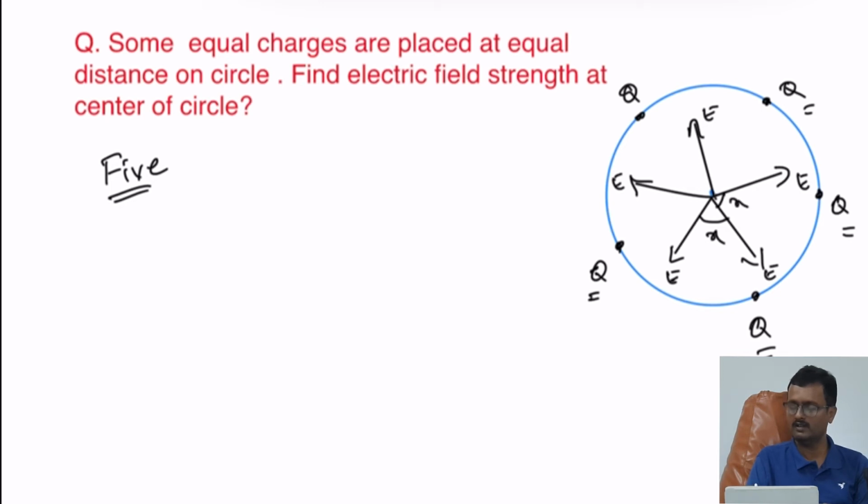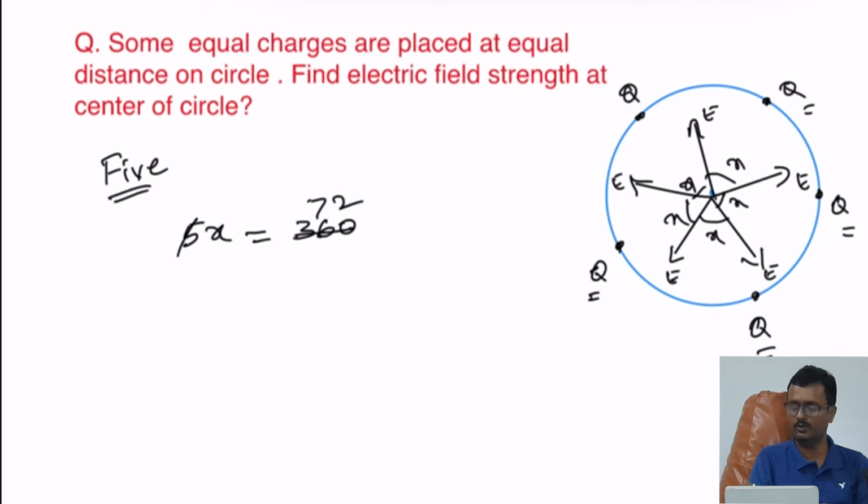The remaining ones are also x. So the total is 5x, the total angle at the center. We know that the whole circle at the center makes 360 degrees. So what is the angle x?